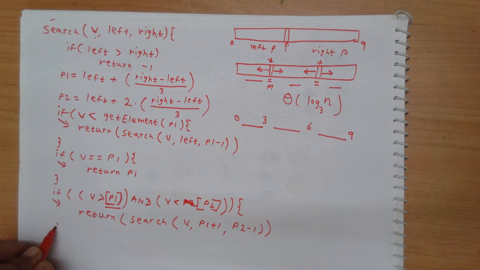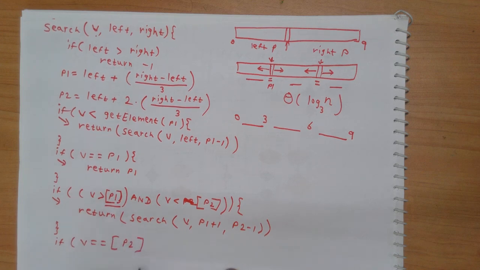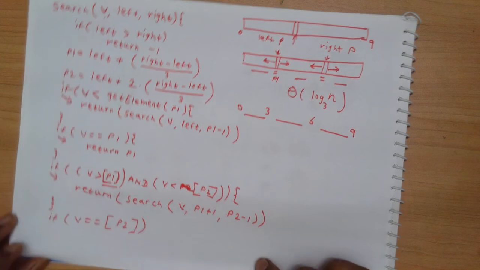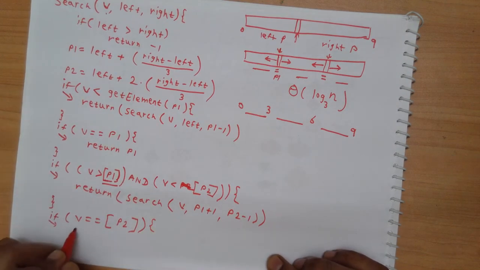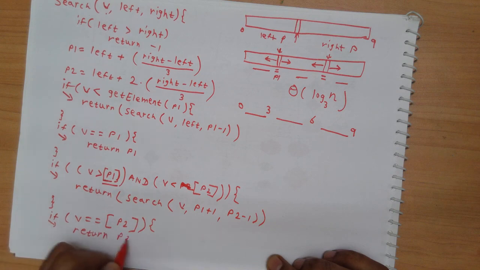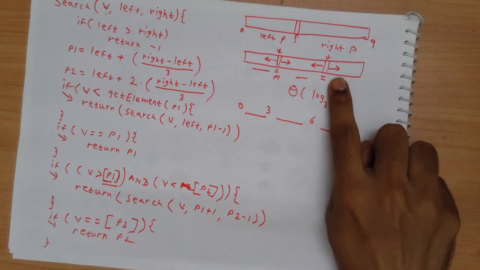Otherwise, I should check if my value is equal to the element at p2. In that case, I know what to do. I have to simply return p2, and now the last remaining thing is that otherwise I have to search in the last section.